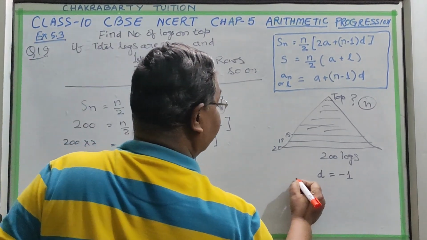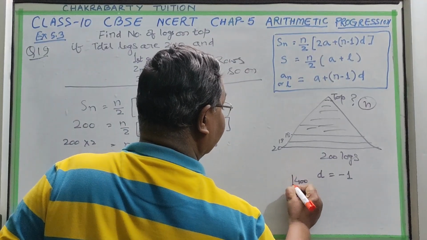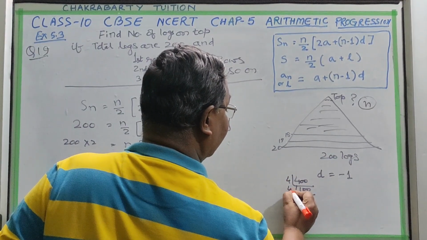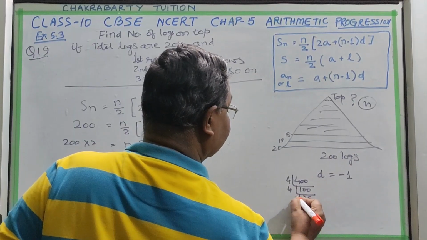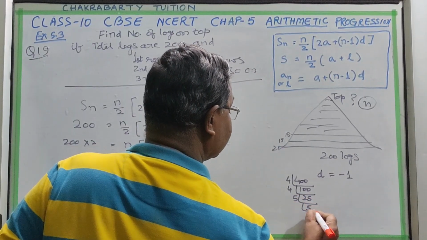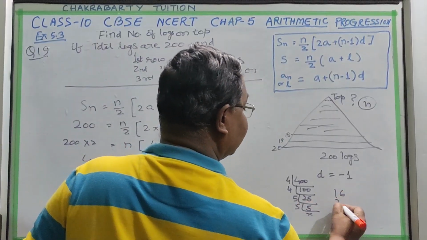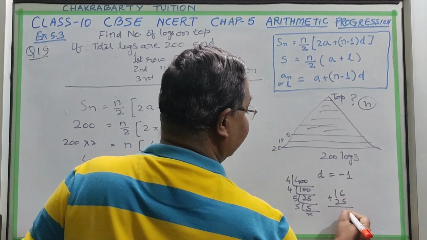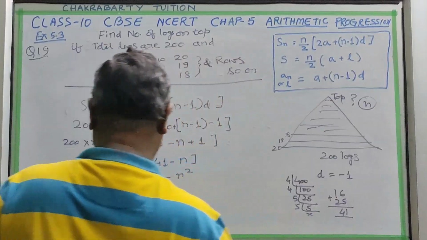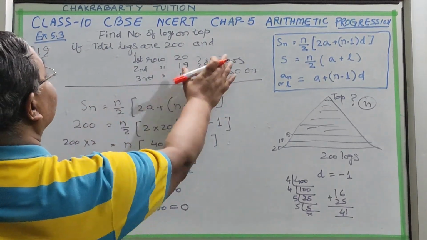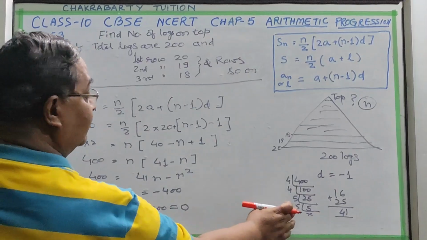So 400 we will break into 16 and 25. 16 and 25, if you make a total, it comes to 41. So your work is over. From here onwards I will solve it.